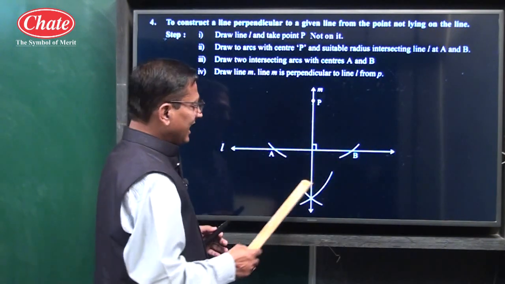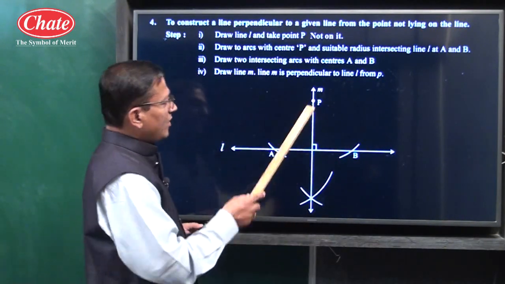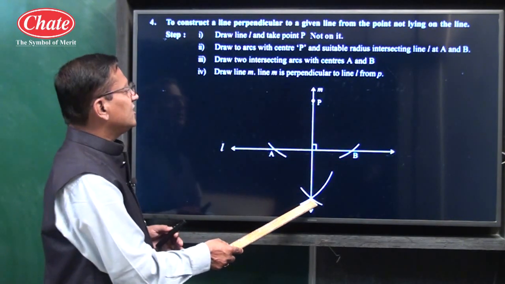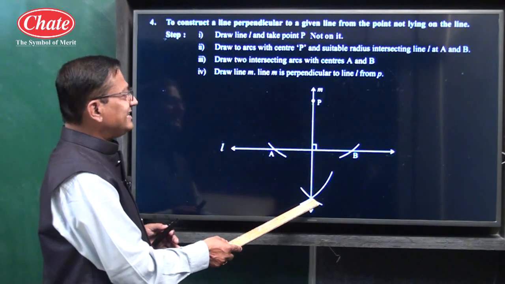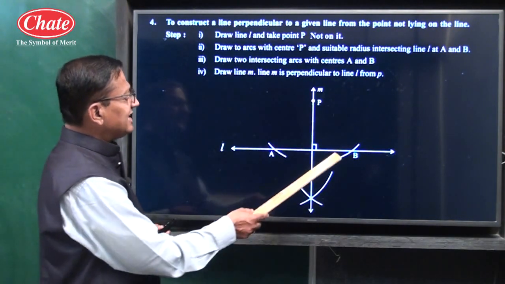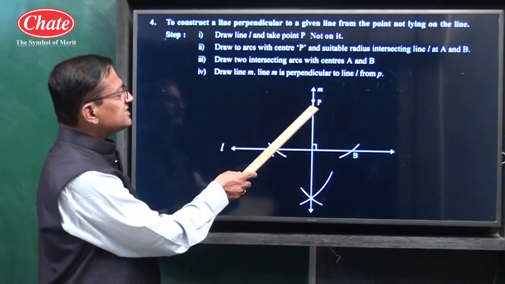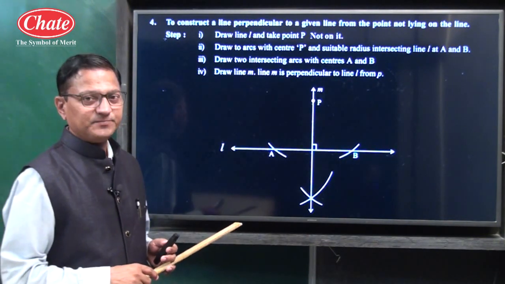Take center B and draw a second arc. Join point P and the intersecting point of these arcs. Draw line M. Line M is perpendicular to line L and passes through point P.